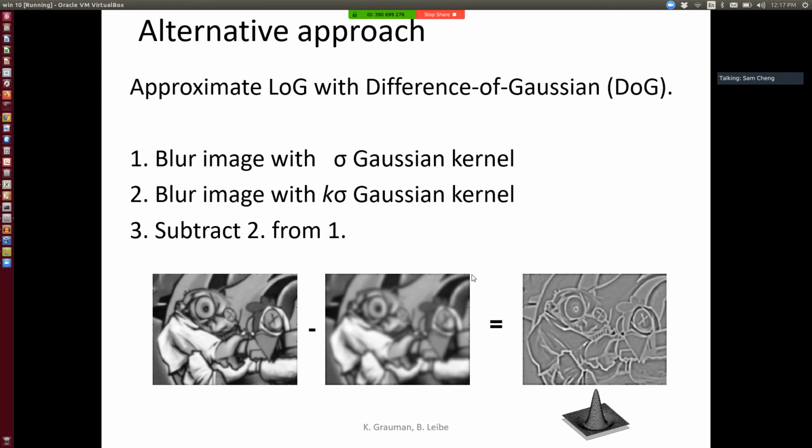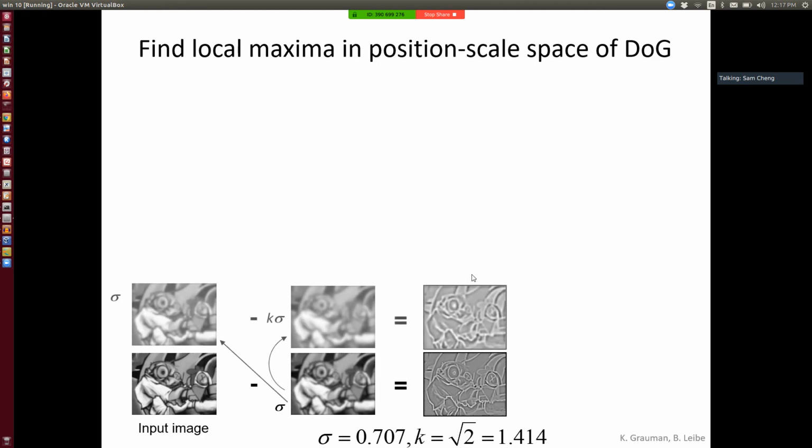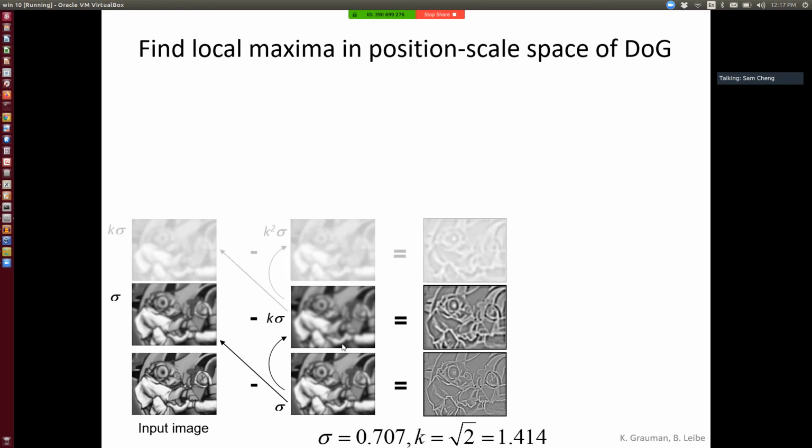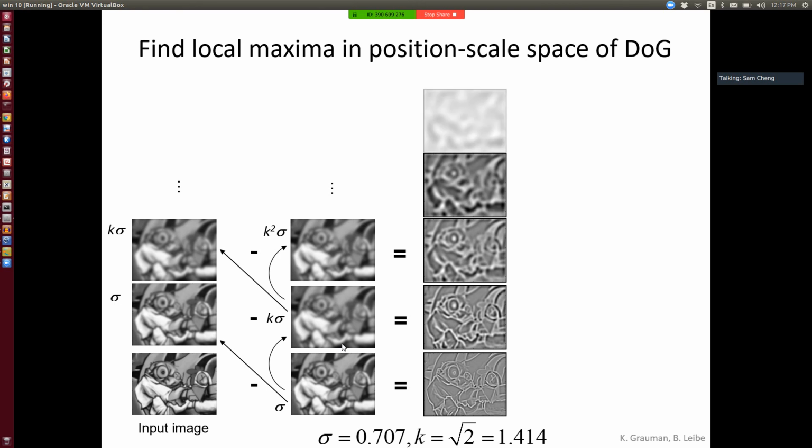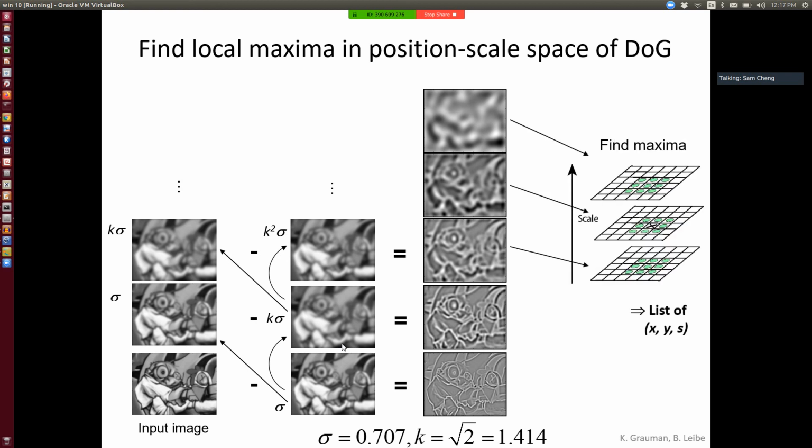Actually, this slide is talking about the same thing I just mentioned, and it's a better illustration. With the original image, you have different levels of Gaussian filters. Afterwards you subtract level by level to get the Laplacian approximation, basically the DOG.